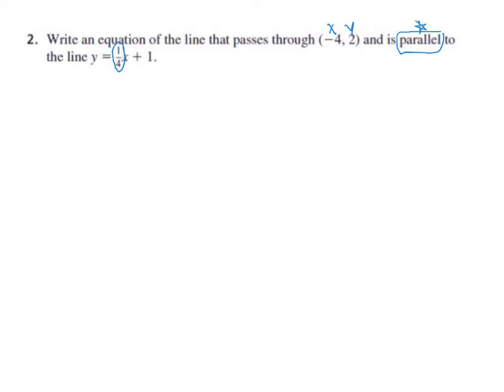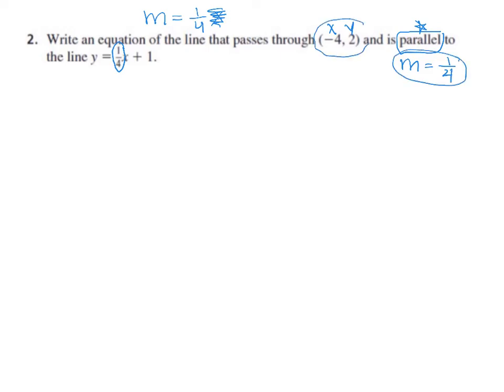Okay. When I talk about my slope, the x isn't part of my slope. So a lot of times people will accidentally tell me that my slope is 1/4 x, right? But my slope is actually just 1/4, right? So parallel means the same slope. So the slope of my new line also has to be 1/4.